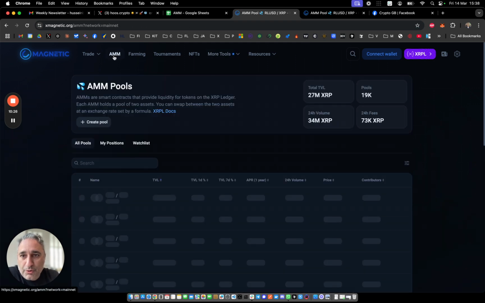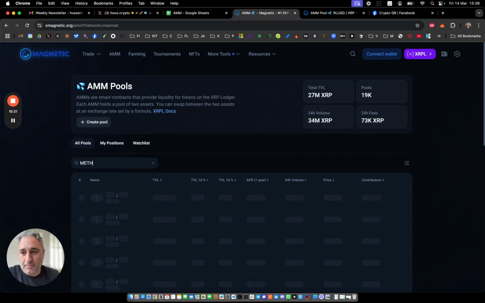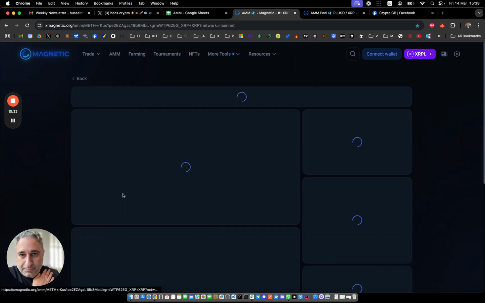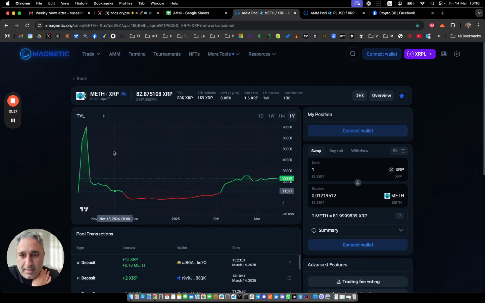And I want to show you what the impact of that was to the MEF pool, because this is definitely worth looking at. Now, up until this very critical date, this chart is like every chart of every meme coin on the XRPL. But what happened here is that we've started to increase.